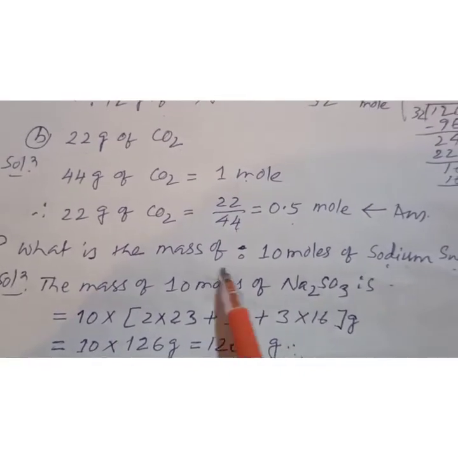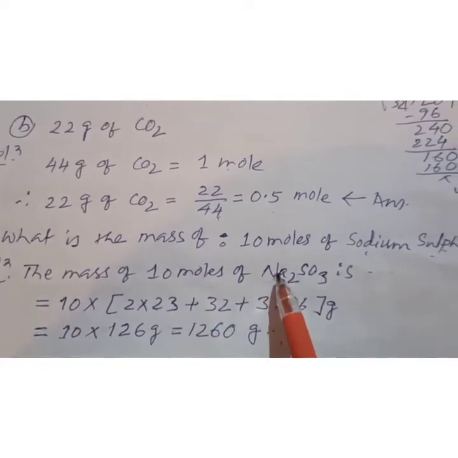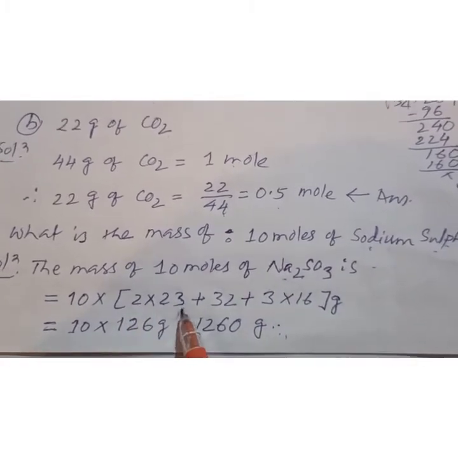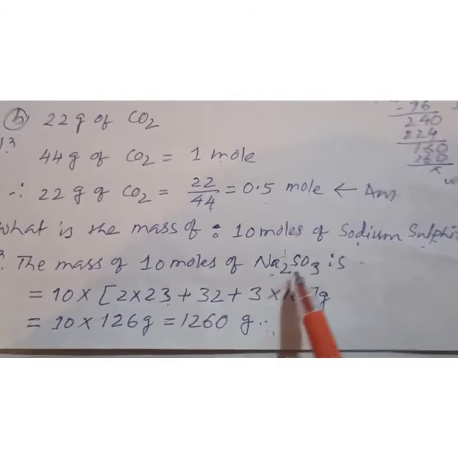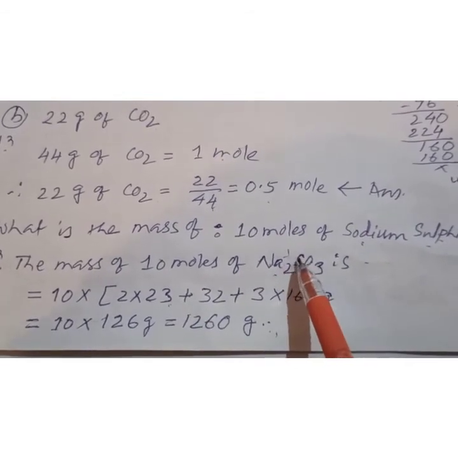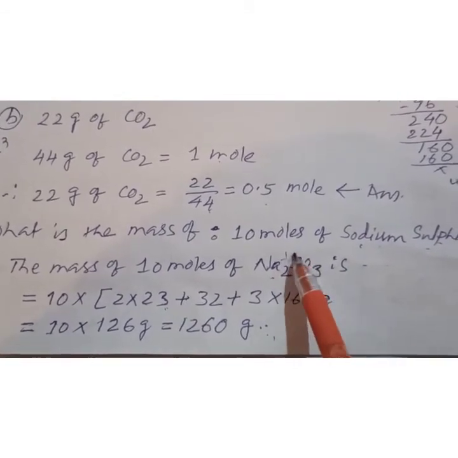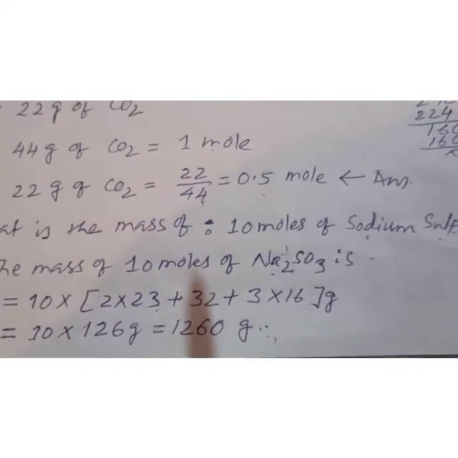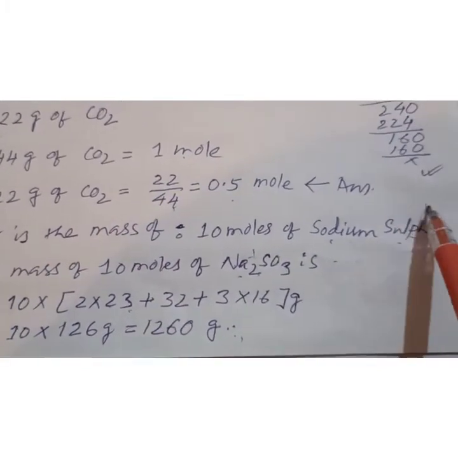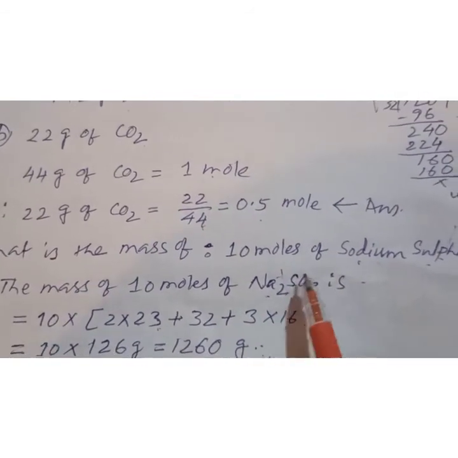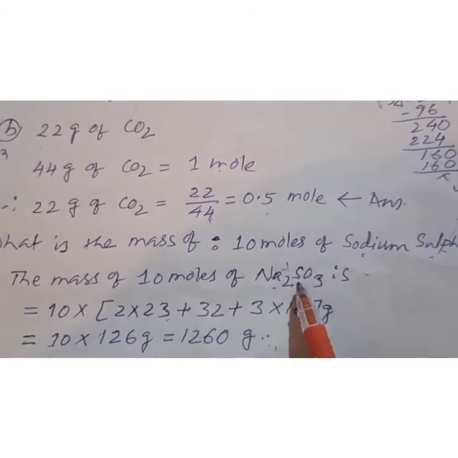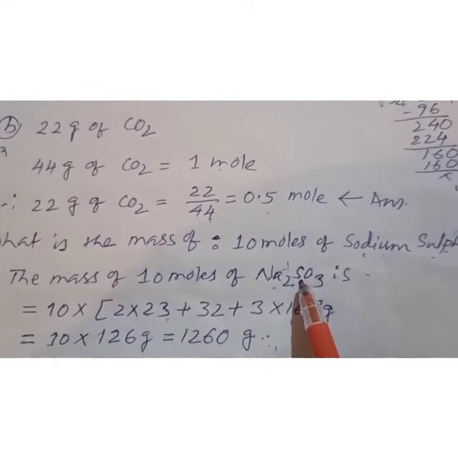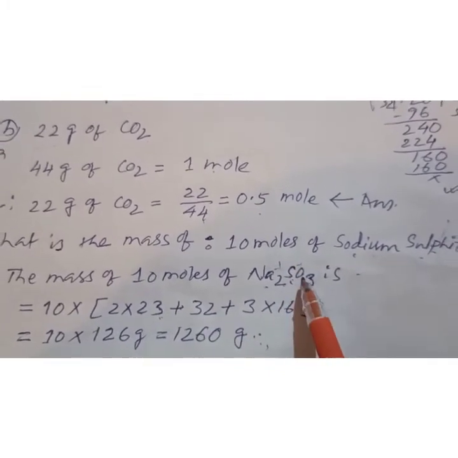Then you write 10 is given, then Na is 2, so 2 into 23, then plus will come, added with all the elements, that means all atoms. It is forming sodium sulfite. Therefore the number of S atoms, sulfur, is 1, which is 32, then plus oxygen.